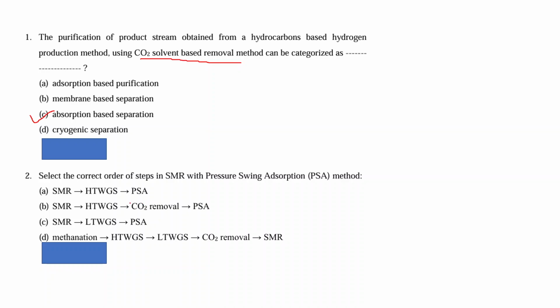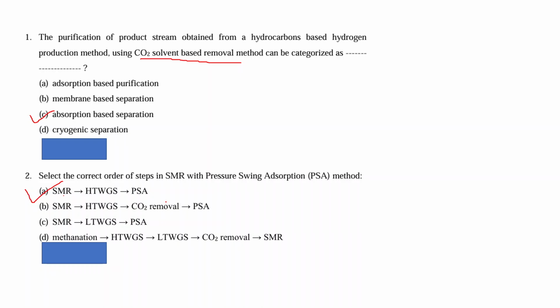A: SMR, high temperature water gas shift, then PSA. If we use the SMR, high temperature gas shift reaction, low temperature gas shift reaction, and PSA, is this correct or not?